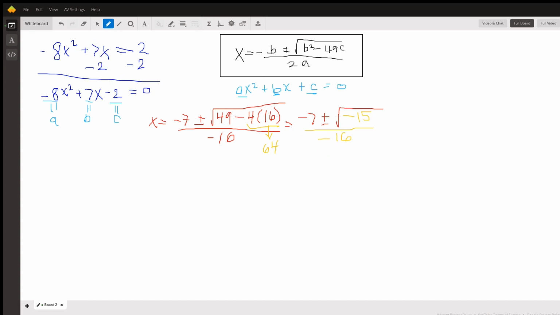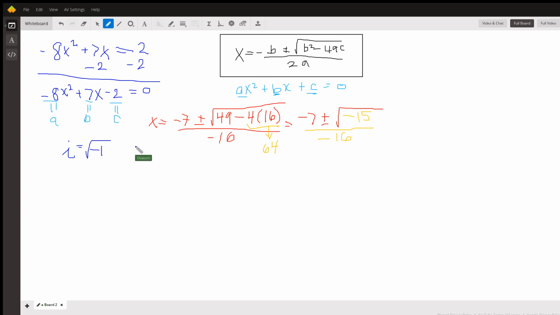So if you ever have a negative under the square root, that means we're working with imaginary numbers. So i is equal to the square root of negative 1.